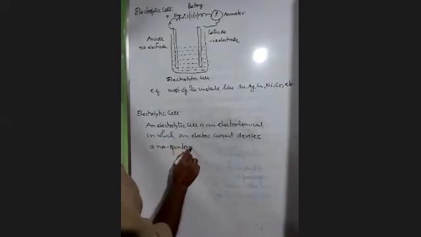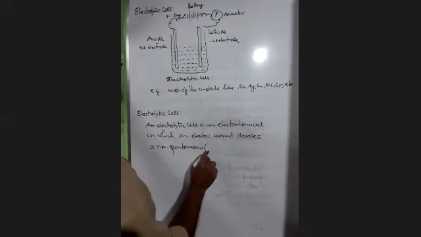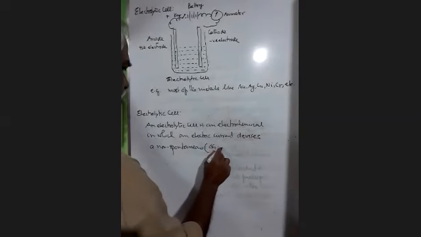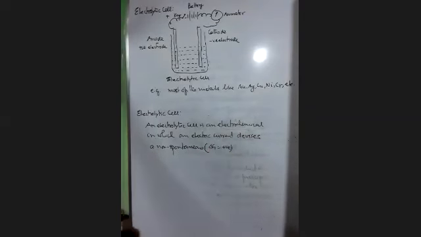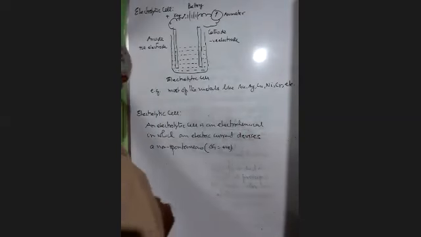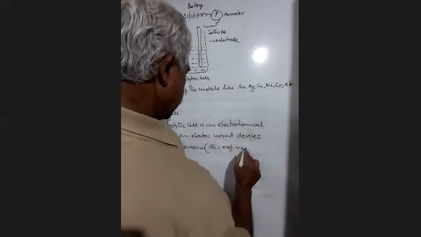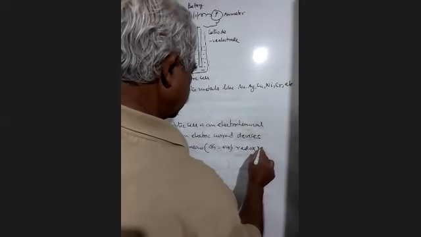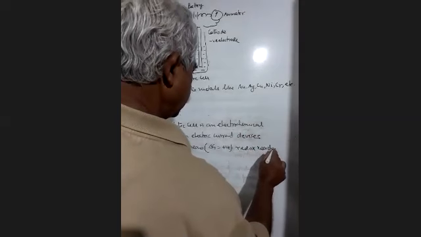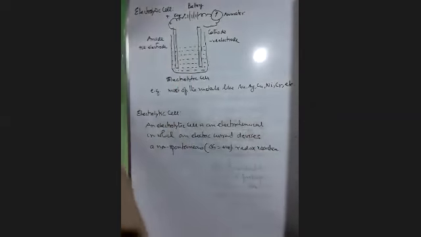What is the symbol of non-spontaneous? Delta G is positive.